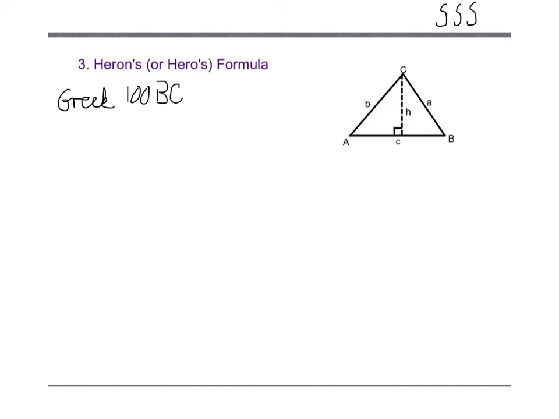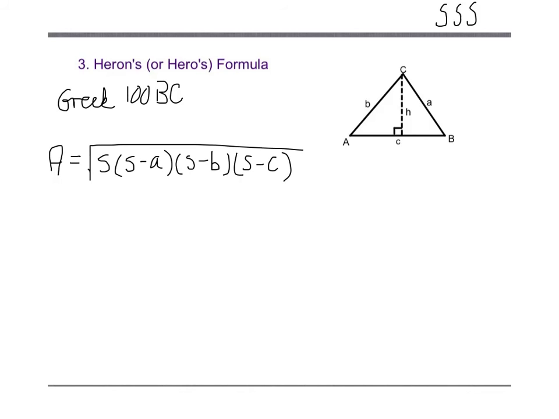Here's Hero's formula, or Heron's formula, and it looks like this. The area is equal to the square root of S times S minus A, S minus B, S minus C, where A, B, and C are the sides of the triangle.